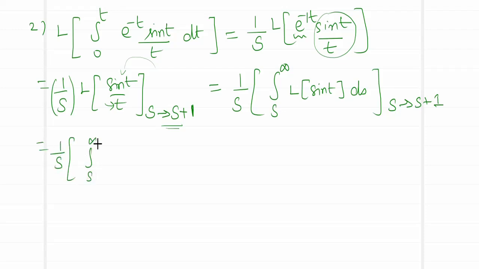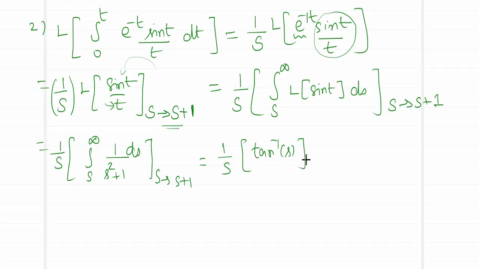Integral from s to infinity. What do you know about Laplace of sin t? It is 1 divided by s square plus 1 into ds. And this shifts to s plus 1. As we know, integral ds by s square plus 1 is tan inverse s. This has to be applied with limits between infinity and s, and then finally shifted to s plus 1.